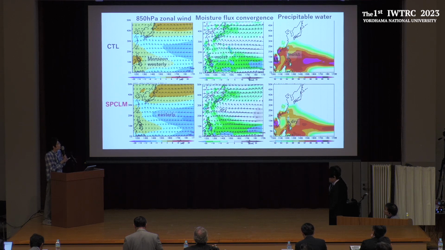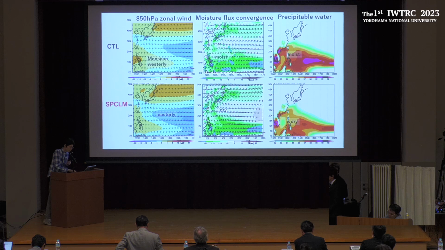In contrast, in the control simulation with the warm sea surface temperature anomaly, both in the tropics and subtropics, everywhere is a relatively moist condition. Then this upward motion and moisture does not make much difference in the tropical cyclone intensity.